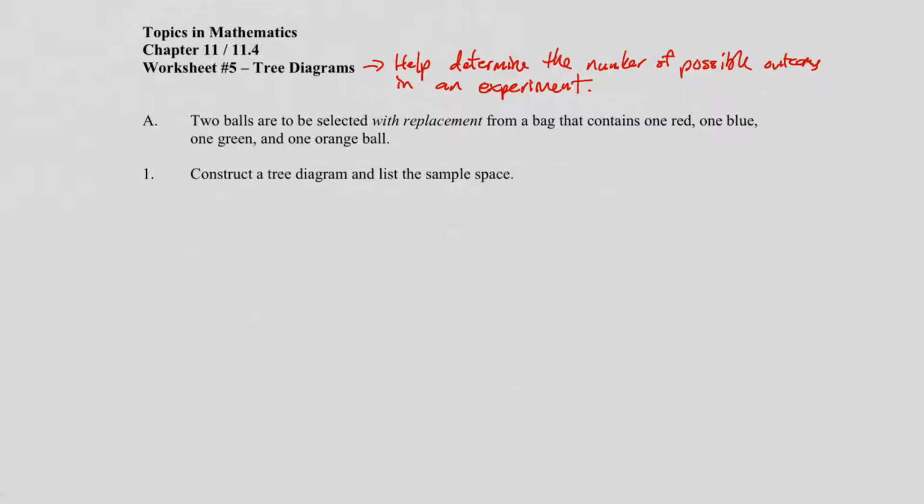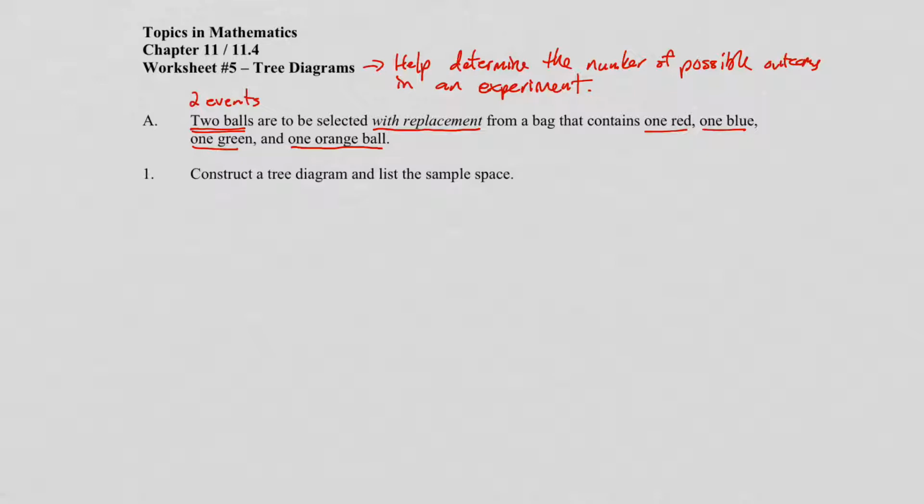So in this case, we have two balls that are selected with replacement from a bag that contains one red, one blue, one green, and one orange ball. Notice it does say replacement. That means we have two events, two balls, so we're going to grab from the bag twice.